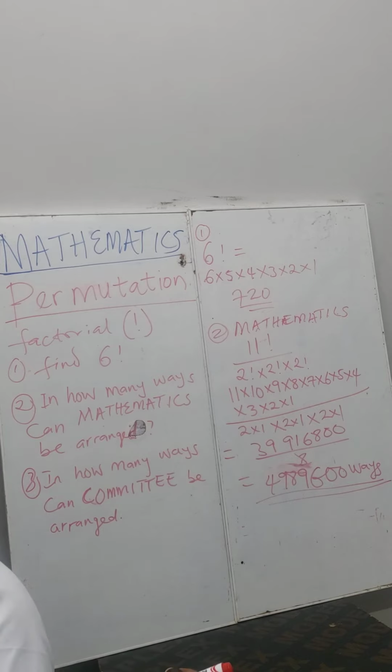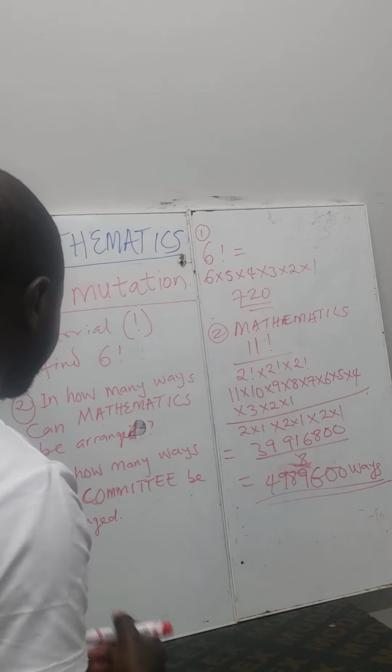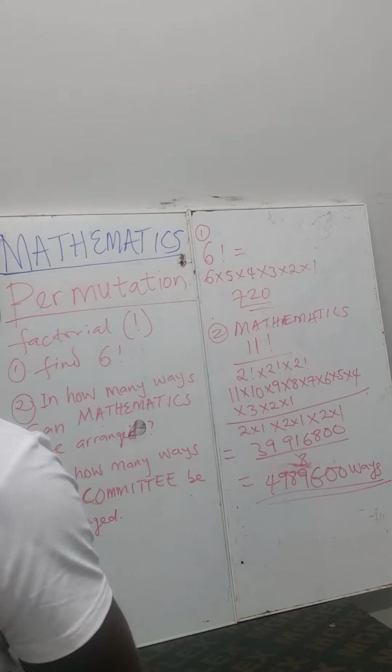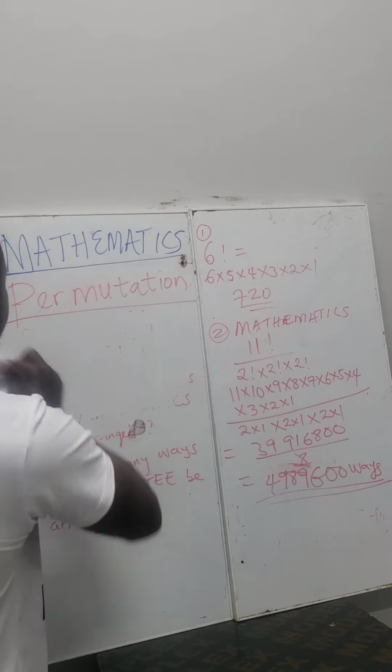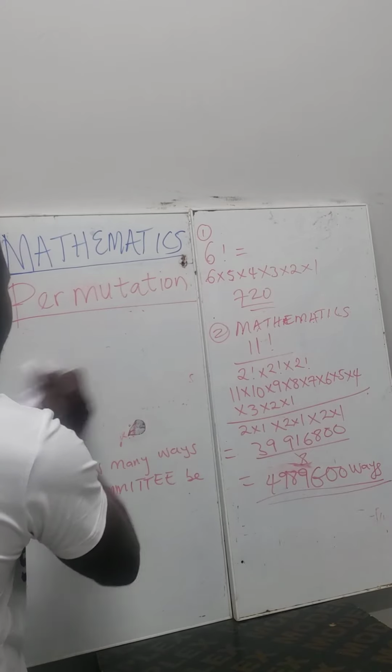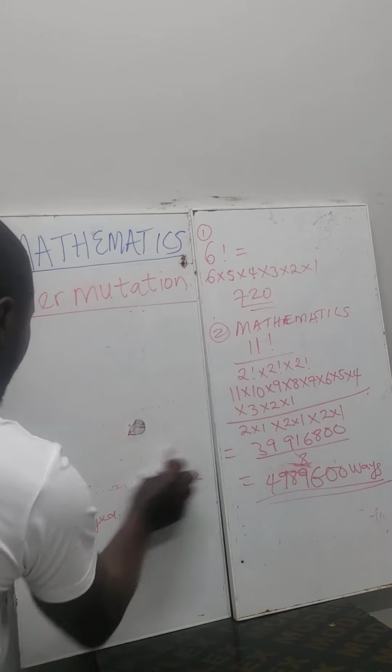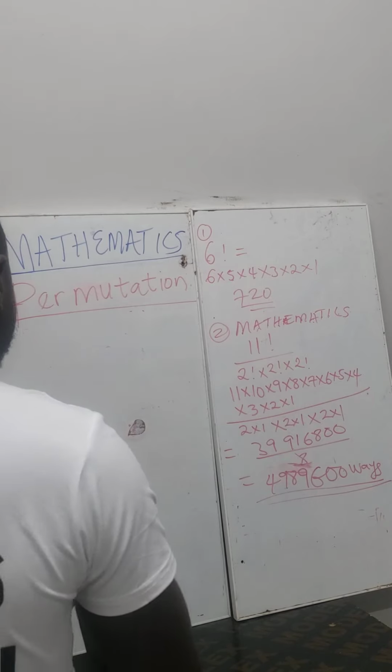The third one is, how many ways can the word committee be arranged? Let me clear this side. The word committee, how can we arrange it? That is the third question.